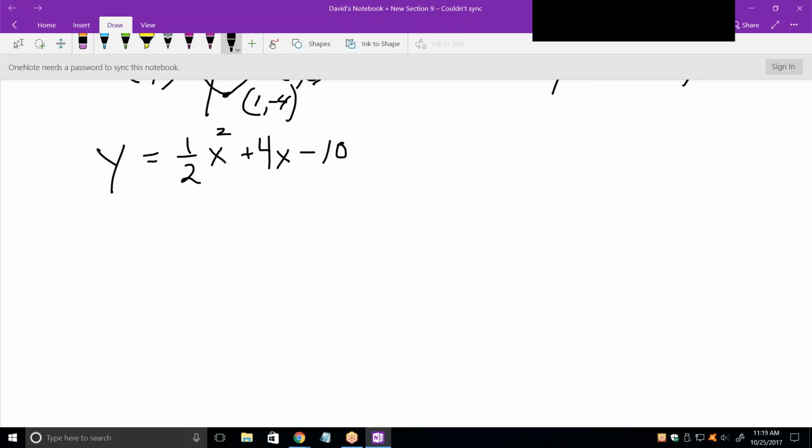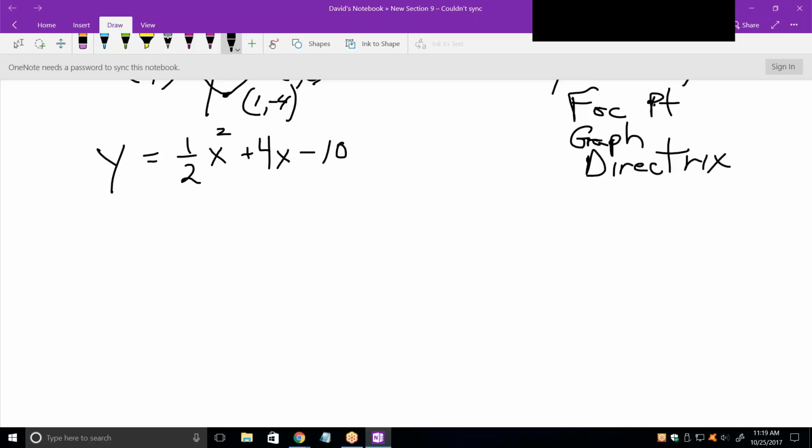And we have to find the focal point, graph, the vertex, and the directrix. This is a whole different type of quadratic. This is a parabola, isn't it? They're all parabolas.